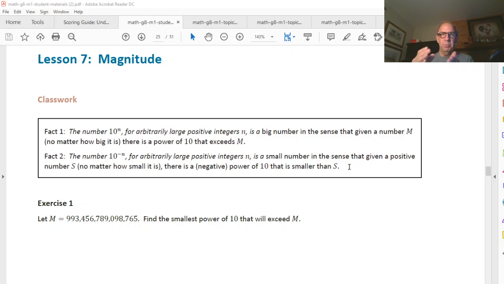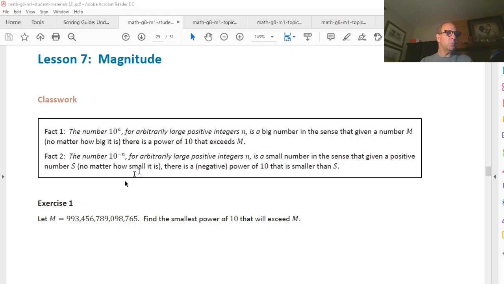So 1 times 10 is 10, 10 times 10 is 100, 10 times 10 times 10 is 1,000, 10 times 10 times 10 times 10 is 10,000, and it goes the other way. When you divide, 1 divided by 10 is 1/10, 1/100th would be 1 divided by 10 divided by 10, and 1/1000th would be 1 divided by 10 divided by 10 divided by 10, or 10 to the power of negative 3.